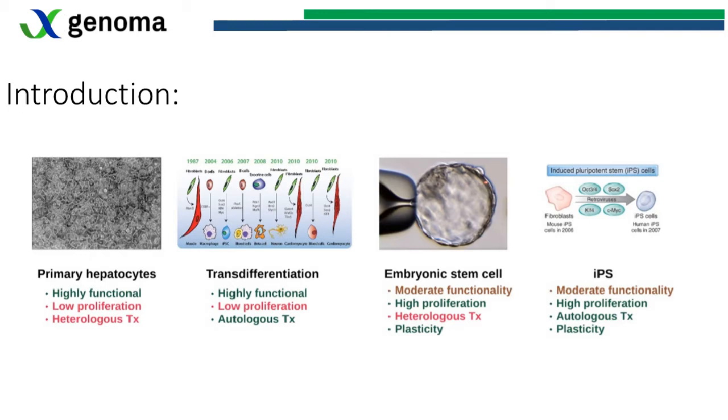The differentiated cells from iPS also have this moderate functionality. They are highly proliferative and they can generate autologous transplantation. What does that mean? Basically, I can make iPS cells from any individual that I want. I can make iPS cells from me, from you, anyone. So this is very interesting because this can generate autologous transplantation.